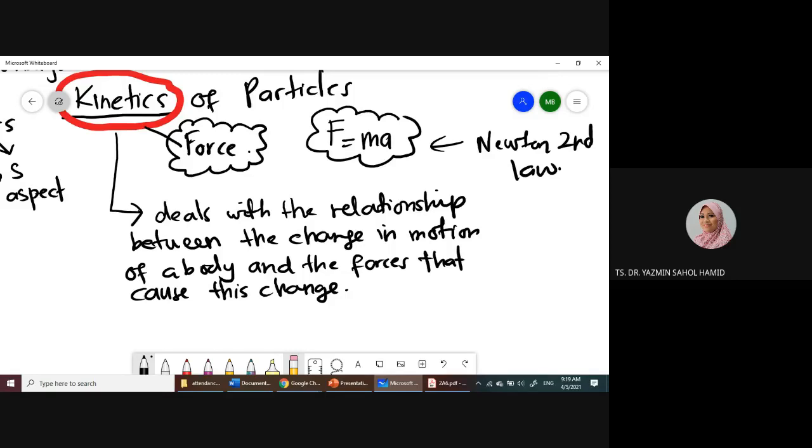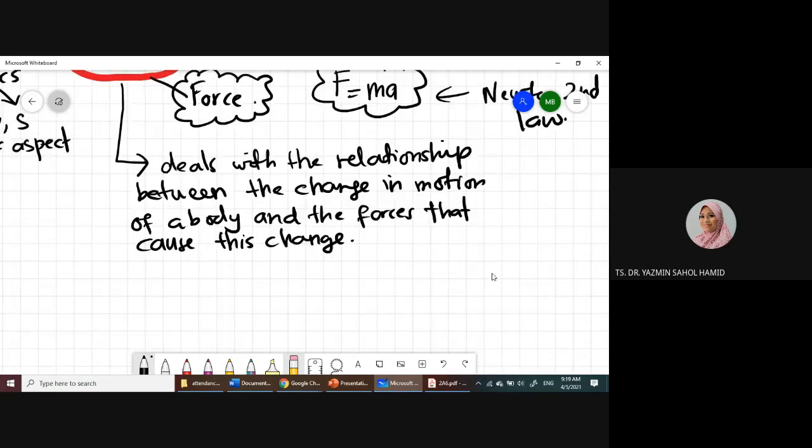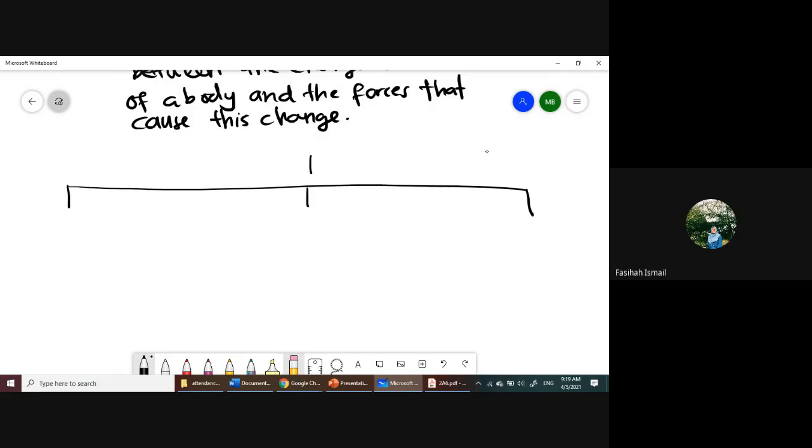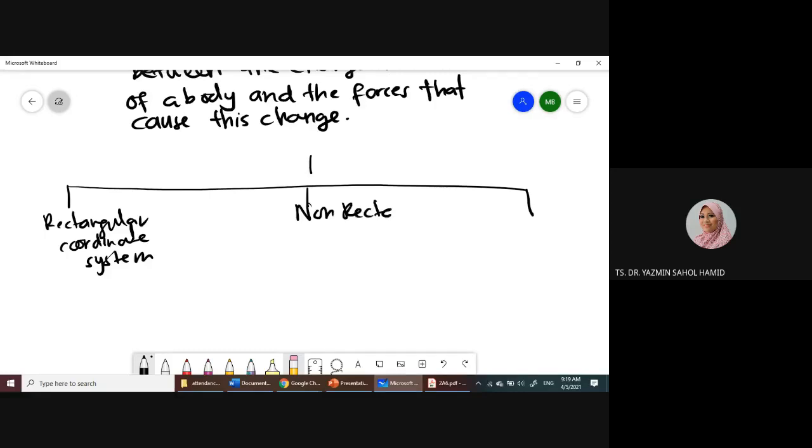Okay. Now remember last time there are three types of coordinate systems that I taught you? The rectangular, and the non-rectangular.